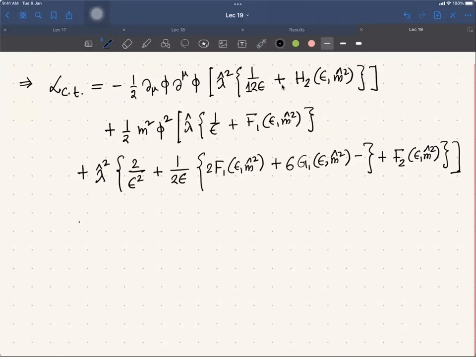And we earlier calculated the phi-4 counter term, the interaction. Let us go back and check.